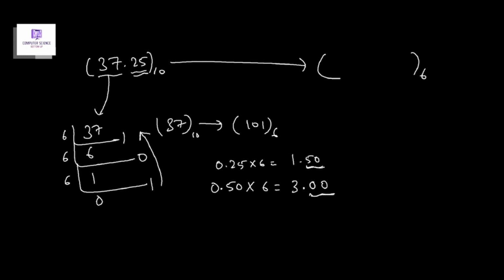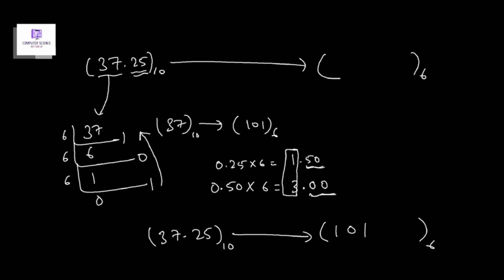So you get 0 in the fractional part, so you will stop here. And the integer portion is 1 and 3. So the required number, the equivalent of 37.25 in decimal in base 6, will be 101.13. Okay, let's stop here.